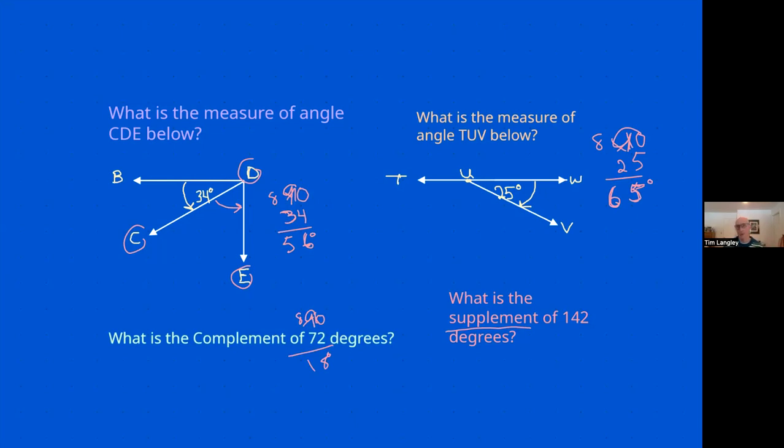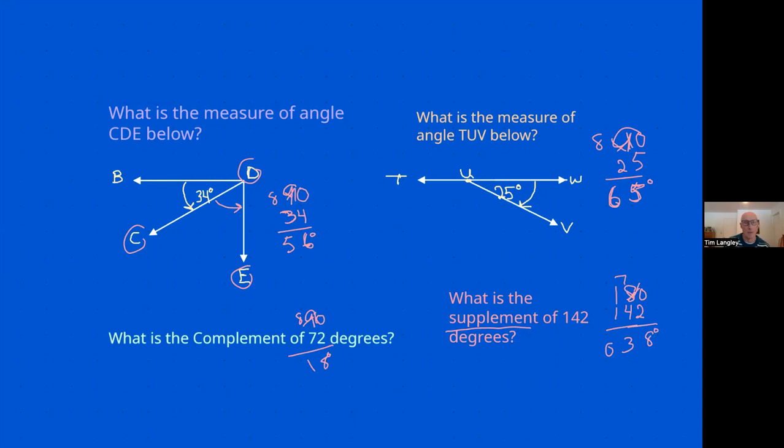So I'm going to take 180 and I'm going to subtract 142, and that's going to give me my answer. Okay, so that's how you would complete that task, is go 8, 3, 0. It's 38 degrees. Okay, that is my complement. I'm sorry, my supplement, because supplements add up to 180.